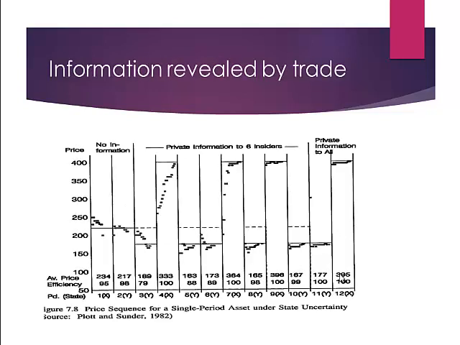So now what happens when you run trading in this market? In the first period, no information was provided, and the prices were close to the equilibrium prediction of 220. There's no private information. This was just the baseline case. In the second case, we had private information given to 6 insiders.